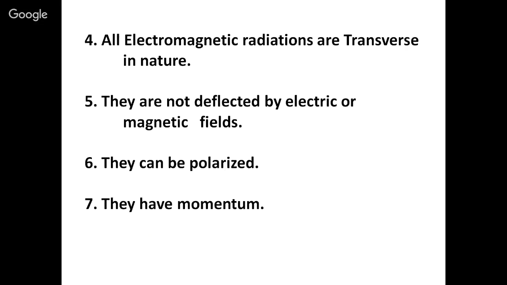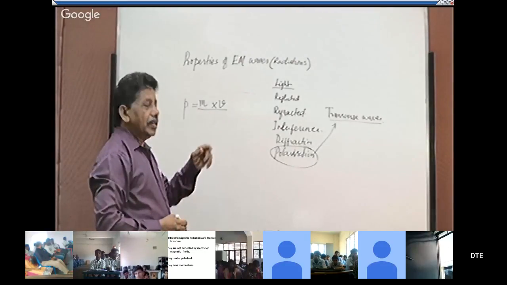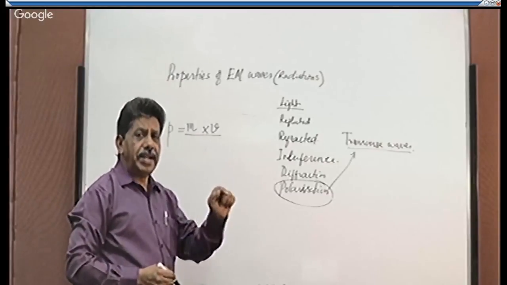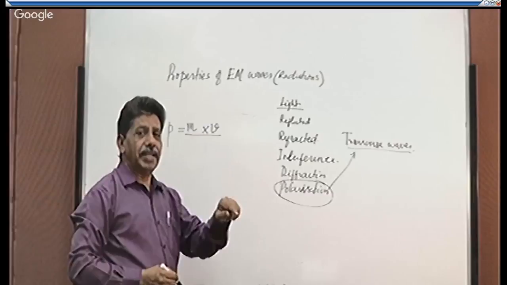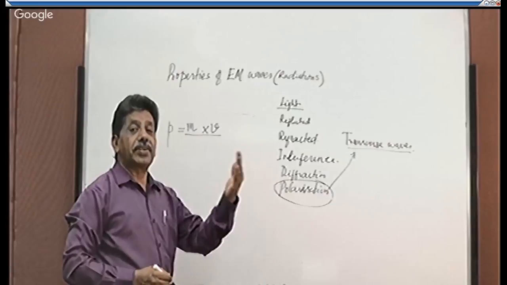The electromagnetic radiations have momentum. You are familiar in physics, whenever a body of mass m is moving with velocity, the product of mass and velocity gives you momentum. And this particular property gives evidence for the photoelectric effect. That means when light of suitable frequency or wavelength, or suitable energy in general, is made incident on certain photosensitive materials, electrons are emitted.